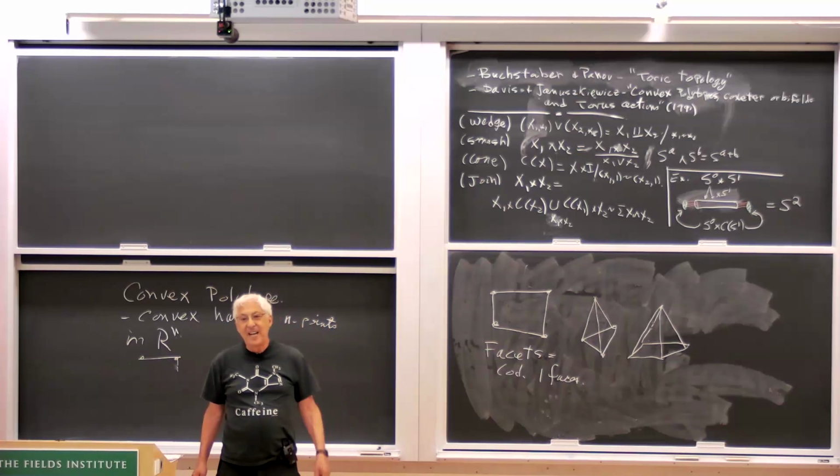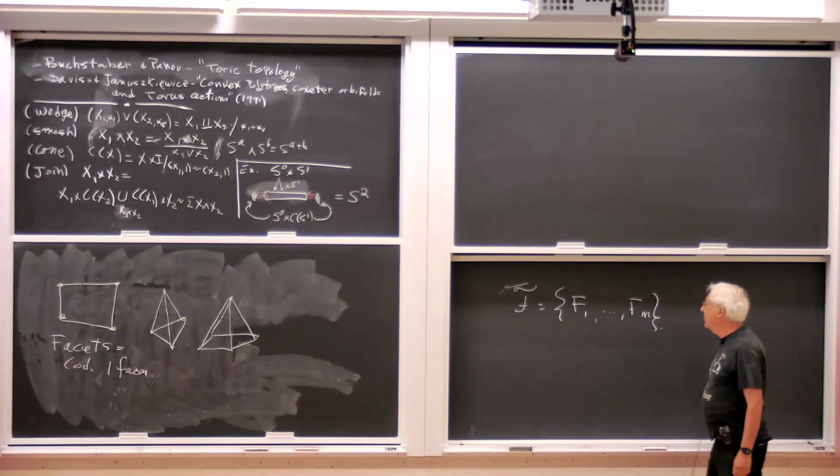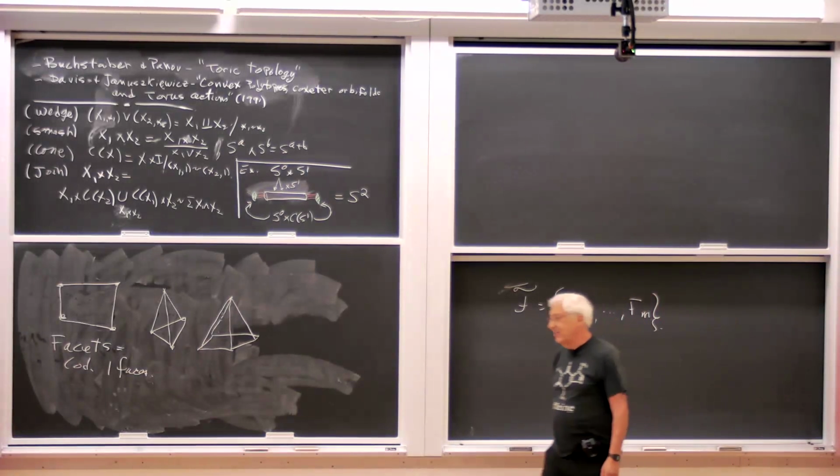The number of facets is traditionally labeled with m. So I'm going to let F be the collection of facets, the codimension one faces. Unless otherwise mentioned, that number m will always denote the number of facets.